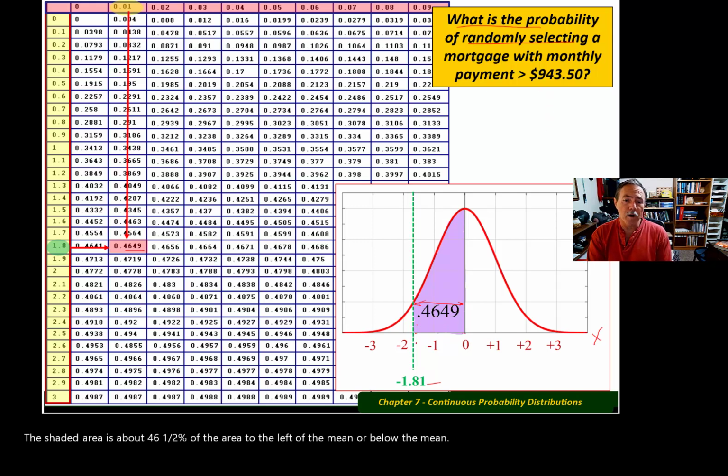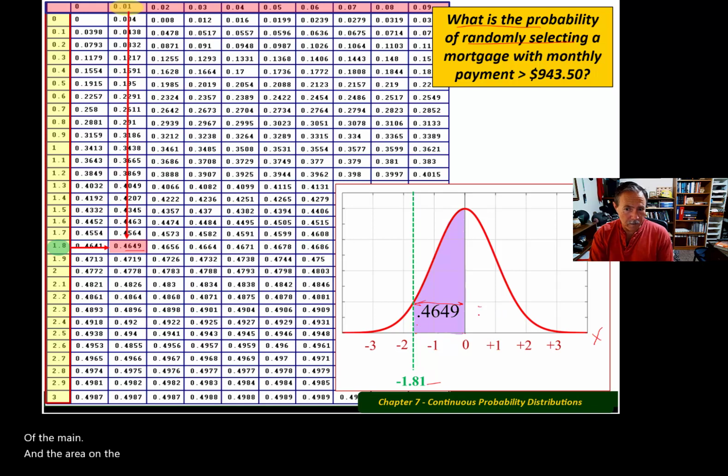So to answer our question, we'll take this 0.4649 and add it to the area on the other side of the mean. And the area on the other side of the mean is 0.5. It's symmetrical. We have 0.5 above the mean, 0.5 below the mean.